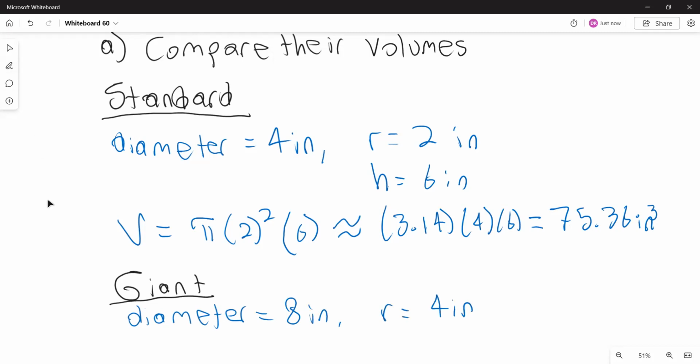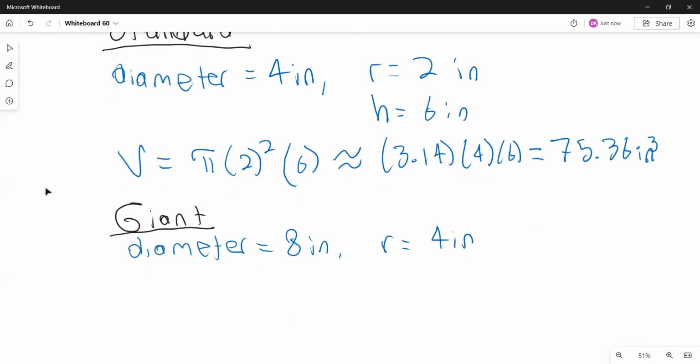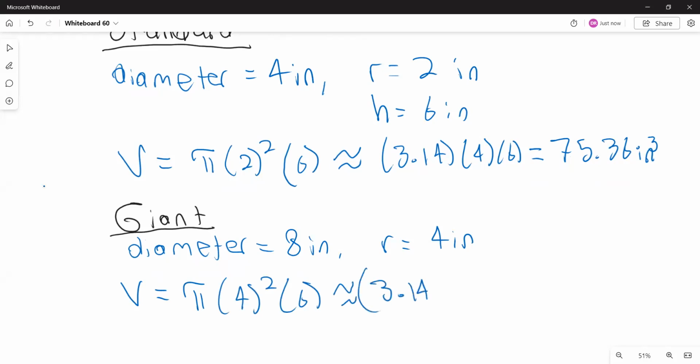And the volume is pi times 4 squared times 6. Pi is approximately 3.14. 4 squared is 16, times 6. And this is 301.44 cubic inches.